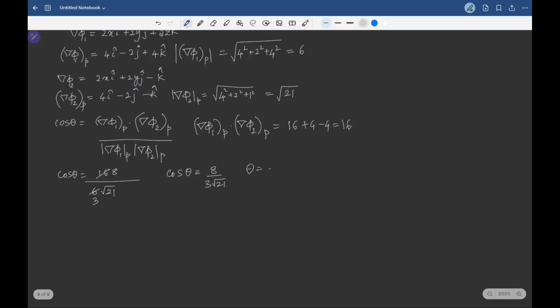So theta is equal to cos inverse of 8 by 3 root 21. This is the final answer. In this way, we can find the angle between any two surfaces at a given point. So let's move on to the next problem.